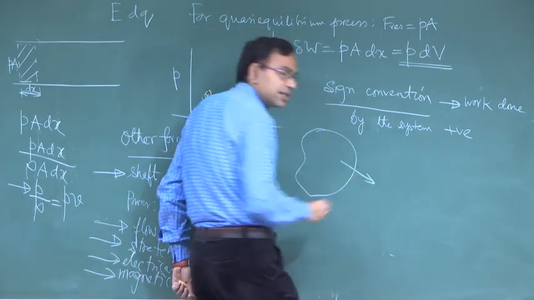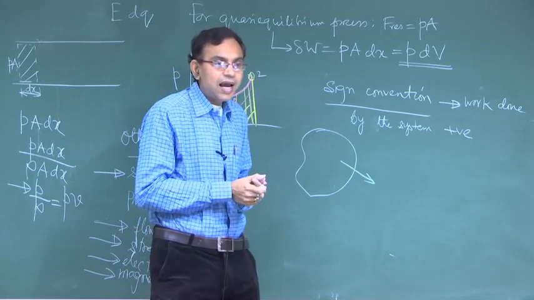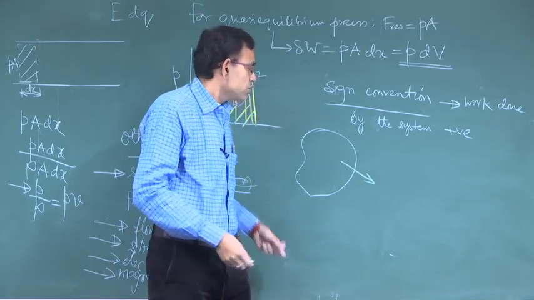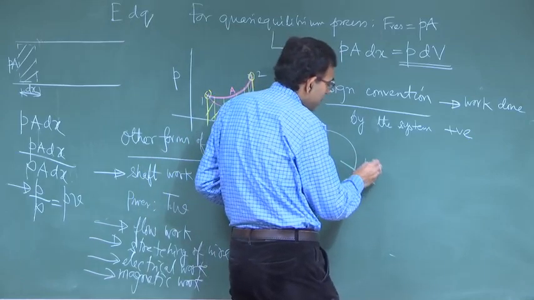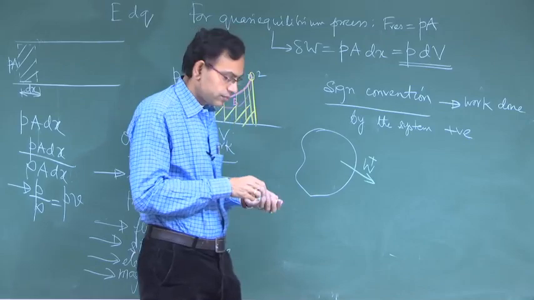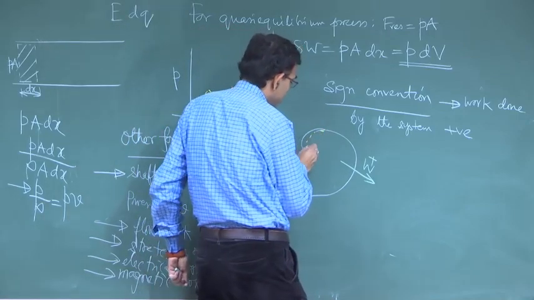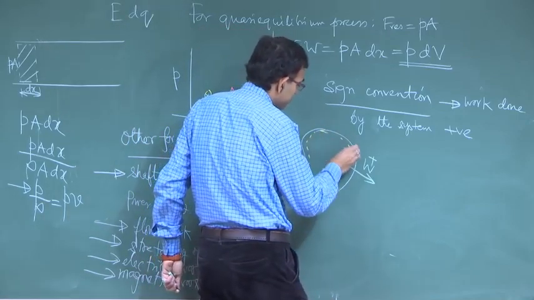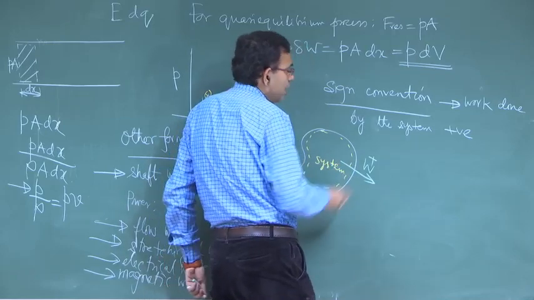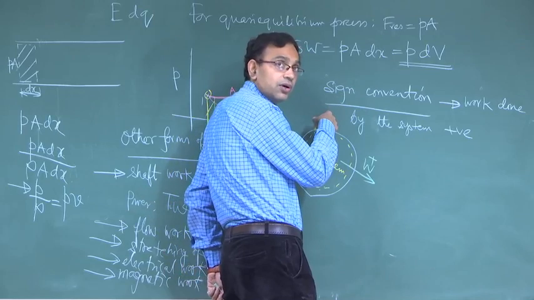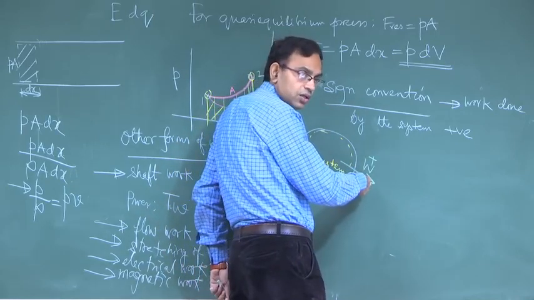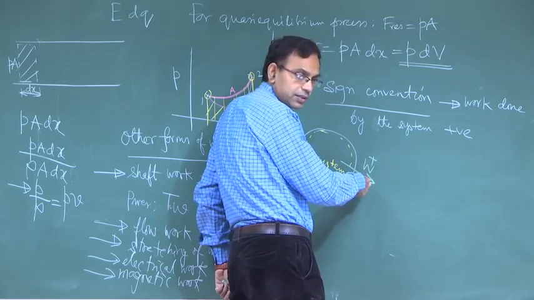Energy will flow from the system to the surroundings, because at the expense of that energy only it will do work. So, this we call positive work, where energy is leaving from the system to the surroundings. Again I am repeating, as per the sign convention we are following in this course, if energy is leaving from the system to the surroundings, we are calling it positive work.